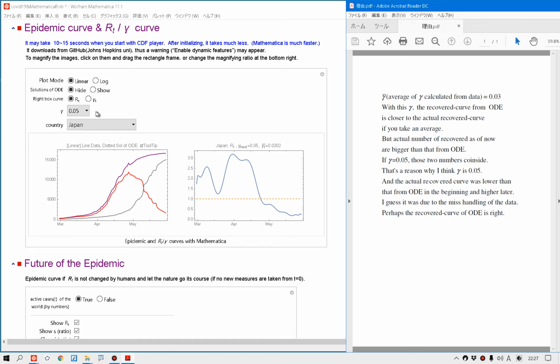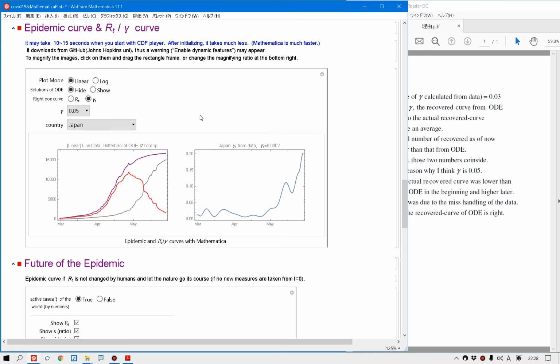This gamma input is the same as this one, and gamma t bar is the average of gamma calculated from data. If you calculate gamma from data, it's 0.03. I think it's very, very small, because its inverse is 33 days to recover. It's very long, and there's another reason why I can't trust this data. This is a gamma curve from actual data.